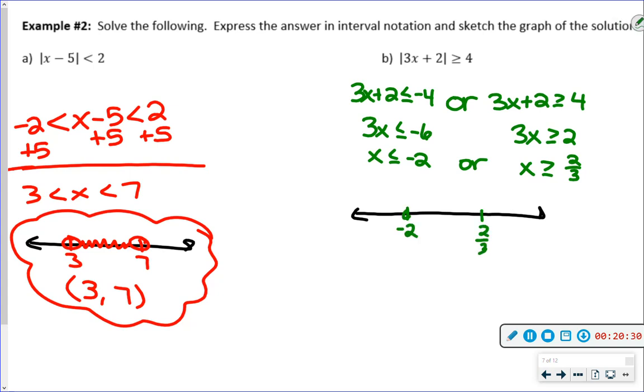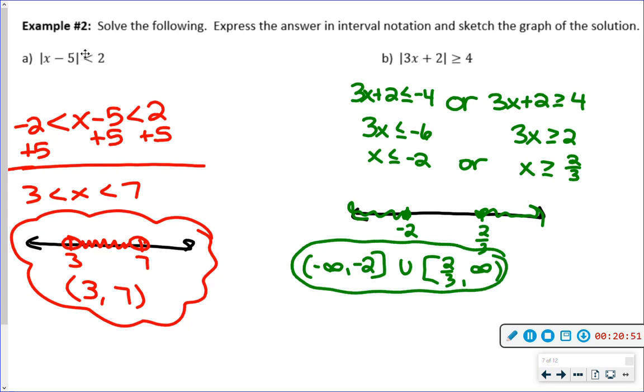Thirds, less than, and let's just write out our interval notation because that's what the directions say. So negative infinity to negative 2 or 2/3 to infinity.